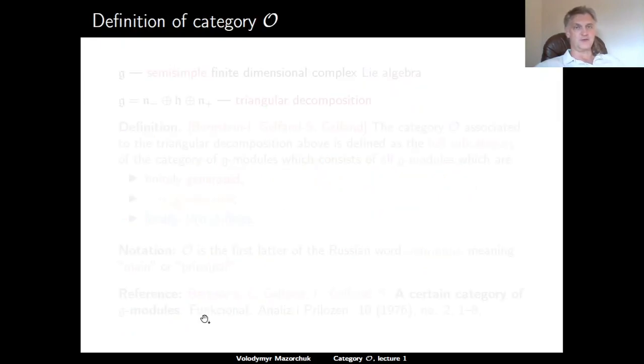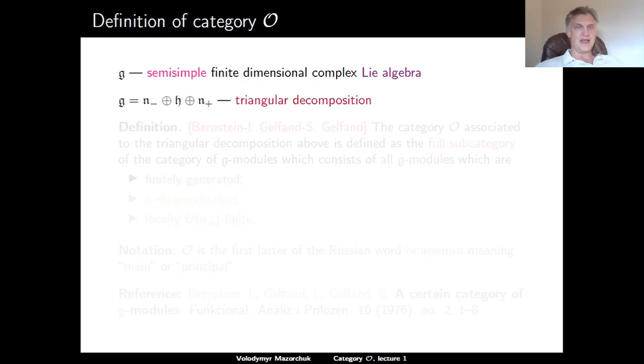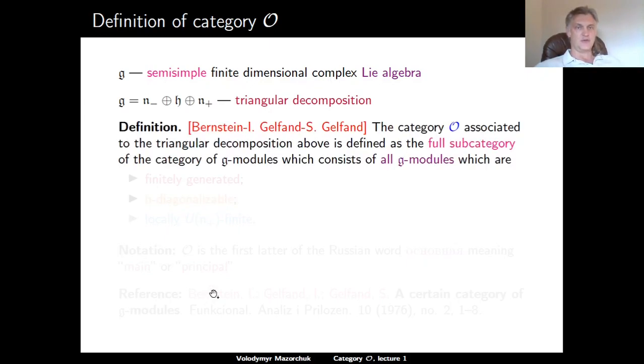So now we are ready to define category O. To define category O, we fix a semi-simple finite-dimensional complex Lie algebra and a triangular decomposition g is equal to n minus plus h plus n plus of this Lie algebra. Category O was defined by Joseph Bernstein, Israel Gelfand, and Sergei Gelfand, in 1976.